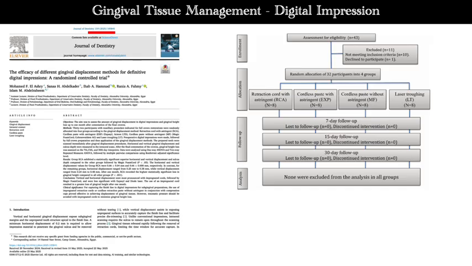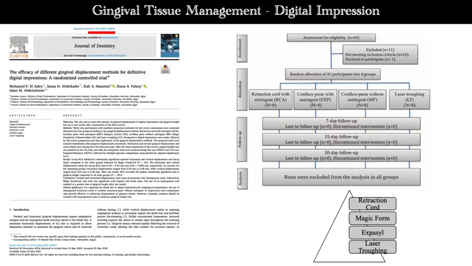The third group was cordless paste without astringent, and the last was laser troughing. In this study, the retraction cord proved to be very effective for both vertical and lateral displacement of the gingiva, and the scan was quite good for it. There was enough gingival retraction on both aspects, followed by Magic Foam, Expasyl, and laser troughing.